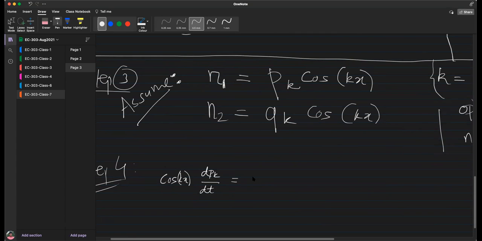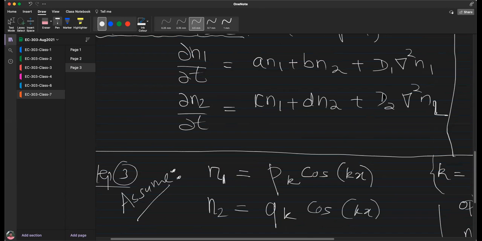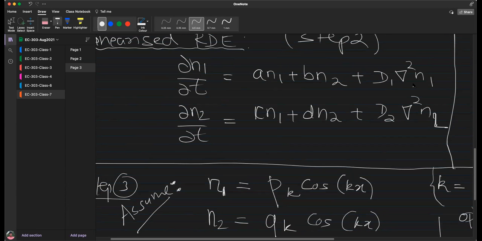The first term is coefficient a times this, so a p_k cosine kx. The second term is b q_k cosine kx because it's N2, and then you have a diffusion term applied to N1, D1 del square N1.